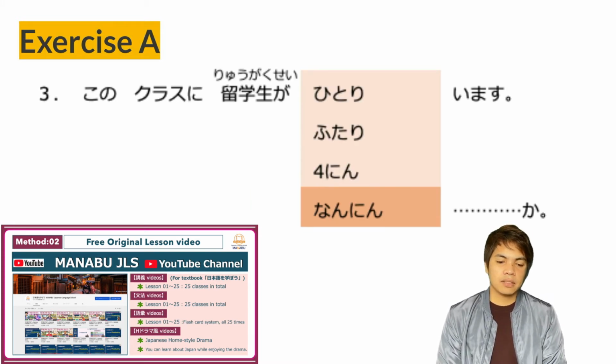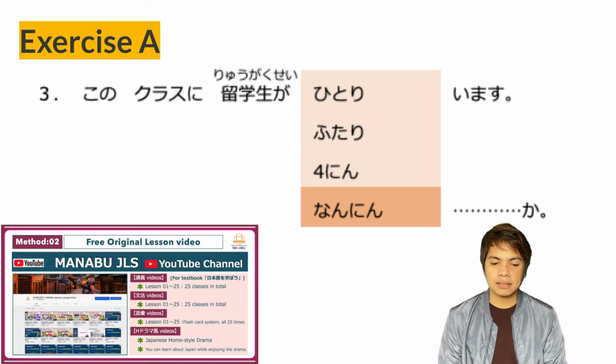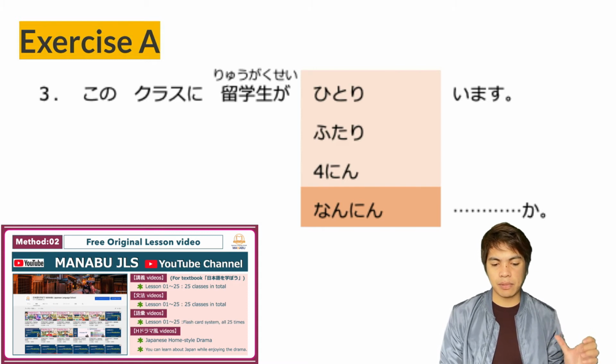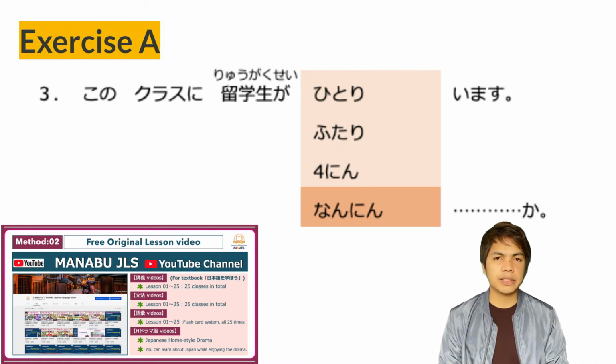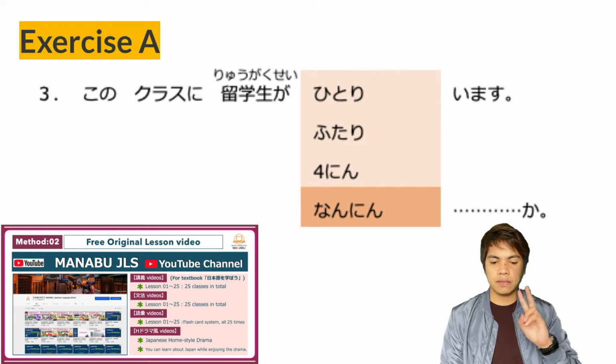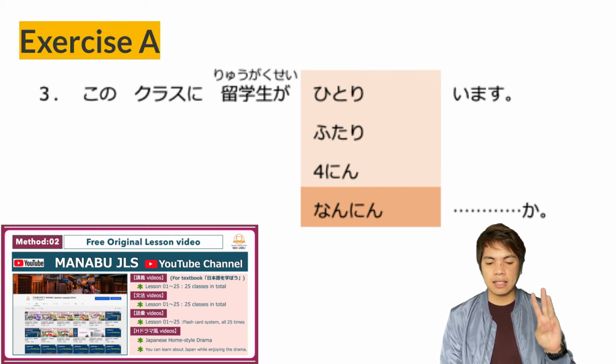Number 3. このクラスに留学生が何人いますか? The interrogative is 何人, how many people? The counter for people is nin. We start from hitori, futari, then from 3 to 10, we use nin: sannin, yonin, gonin, and so on.